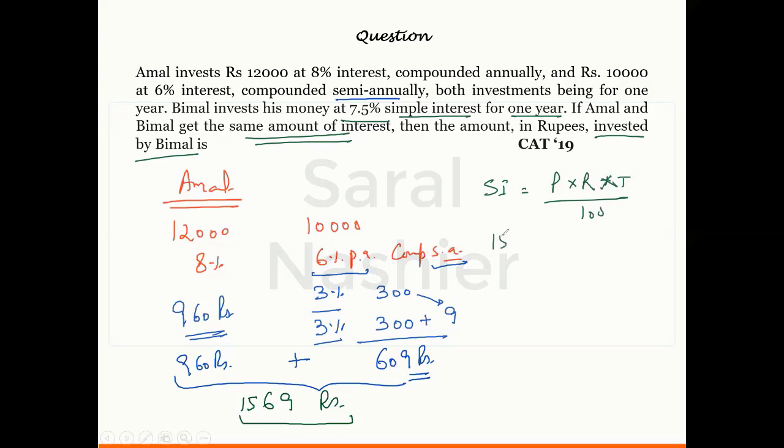So simple interest is 1569. Principal we have to calculate. Rate is 7.5%, time is 1 year, divided by 100. So from here we can say principal is 1569 into 100 divided by 7.5. Here 7.5 can also be written as 15 by 2. So I can write this as 15 by 2.